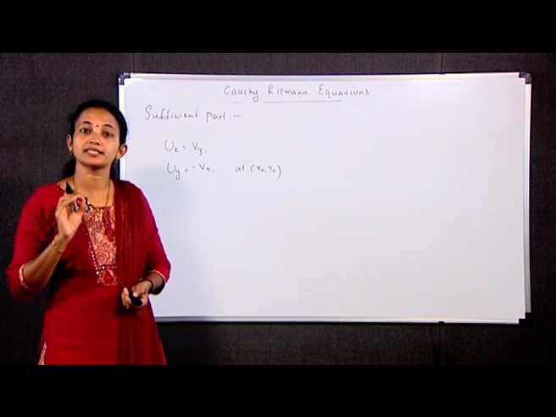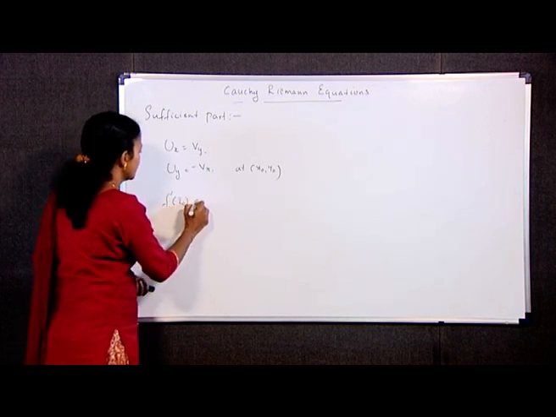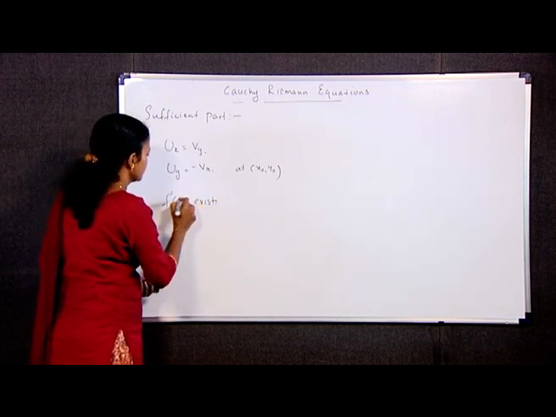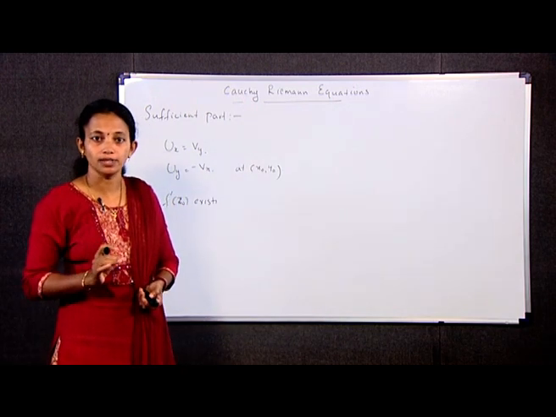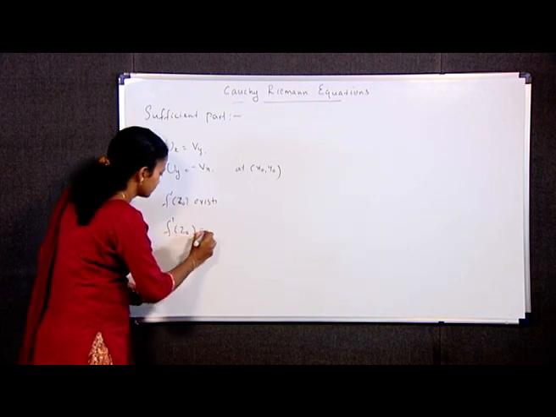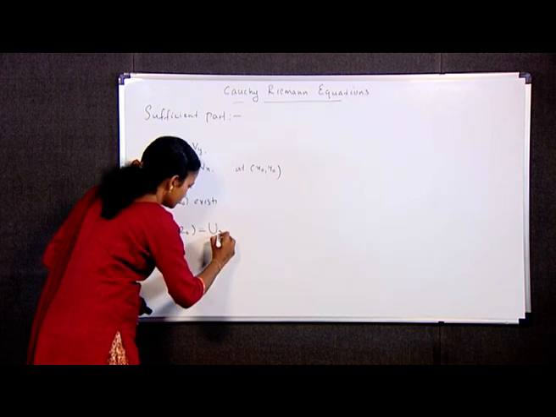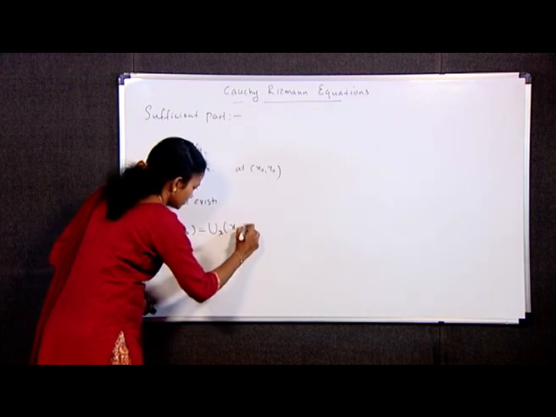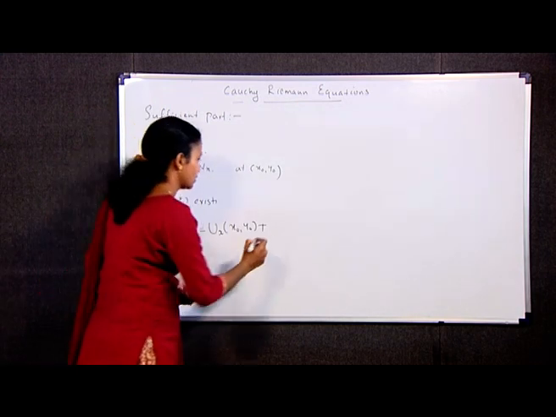Then f dash z naught exists and its value is f dash z naught is equal to u_x(x naught, y naught) plus i v_x(x naught, y naught).